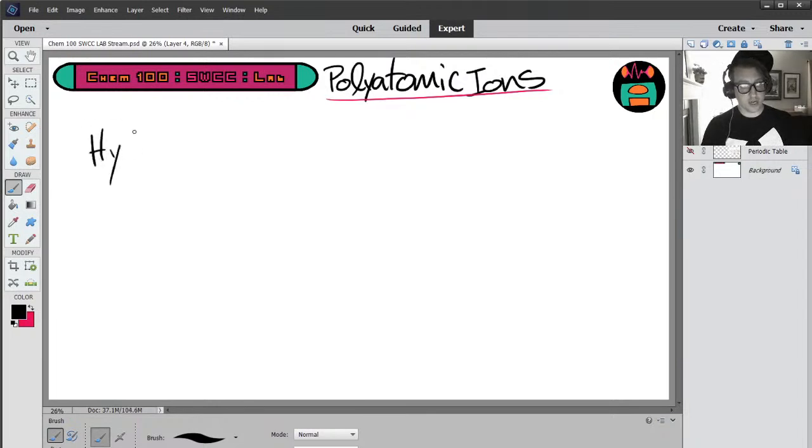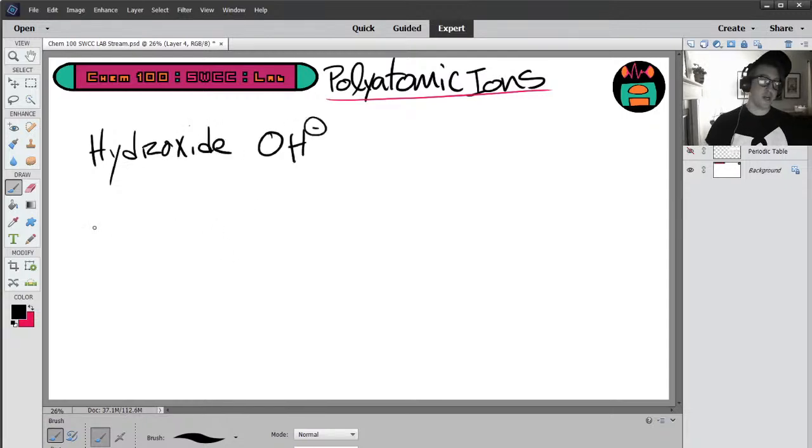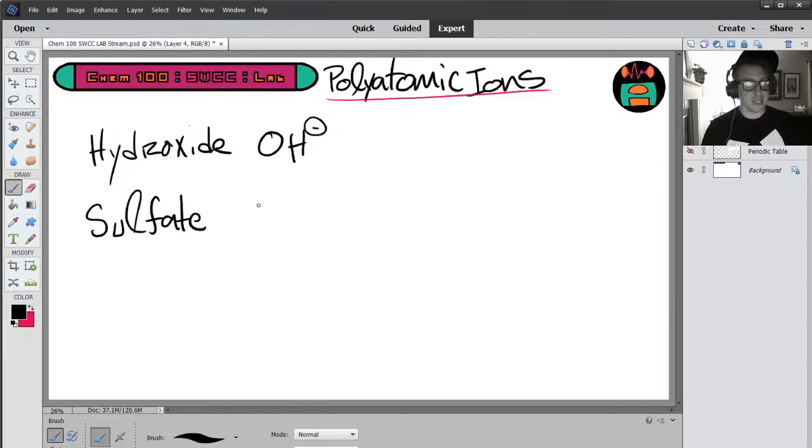For example, hydroxide is OH with a negative charge. Sulfate, for example, is SO4 with a negative 2 charge.